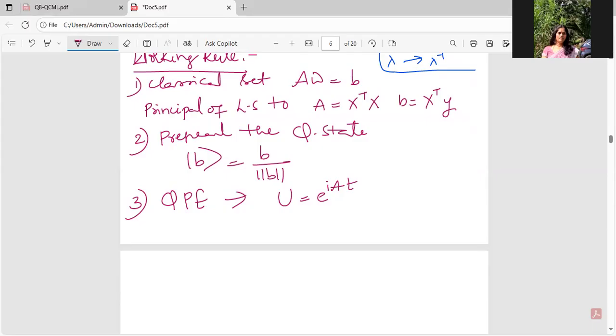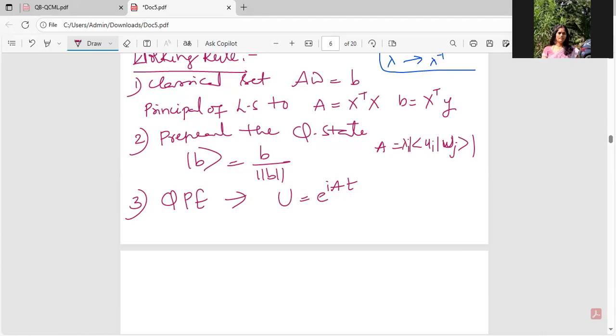I can write the spectral decomposition of A as the sum of lambda j times u j u j transpose, the eigenvectors. If I split A and rewrite it in terms of eigenvectors, it is nothing but my spectral decomposition.